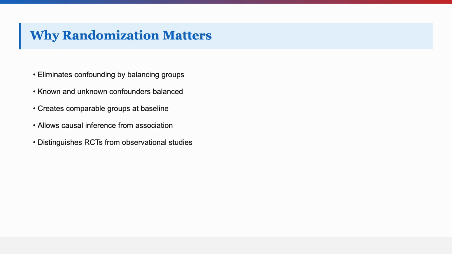This means any difference in outcomes between groups can be attributed to the intervention itself, not to baseline differences. That's causal inference. No observational design, no matter how carefully done, can fully eliminate confounding by unmeasured factors. Randomization can. That's why RCTs sit atop the evidence hierarchy.